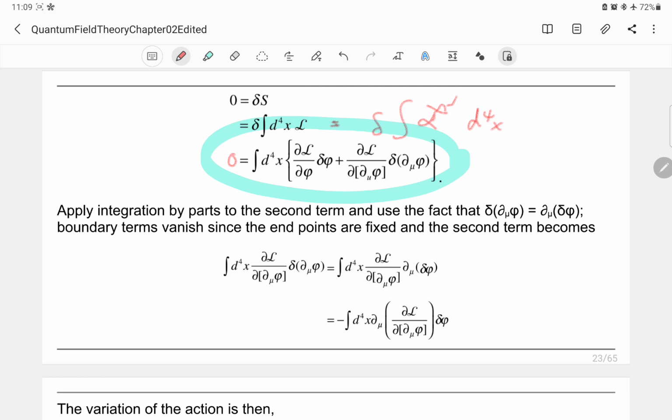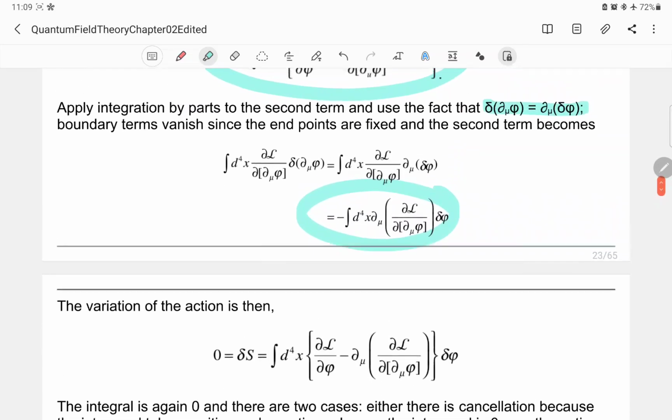So if we apply the integration by parts to the second term, the boundary terms vanish since the endpoints are fixed, and the second term becomes this one here.